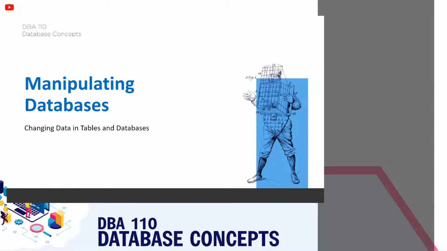We're talking about manipulating databases, and as we're doing that, there is one thing that's important for us to note: the changes that we're going to be making to the databases are going to be permanent. So if we mess up and make mistakes, it's not like the last module, where if we made a little mistake, it was fine.